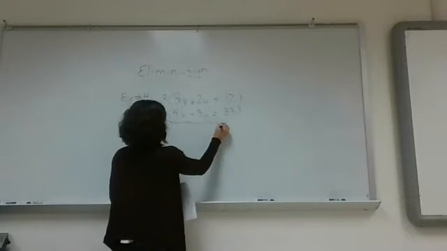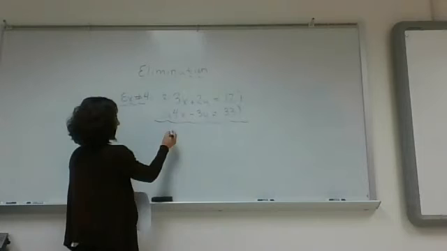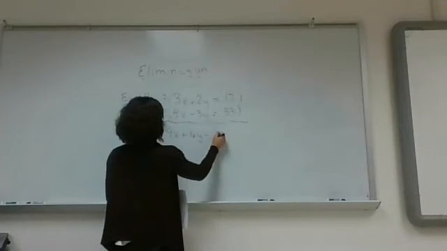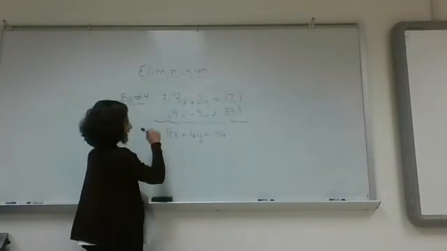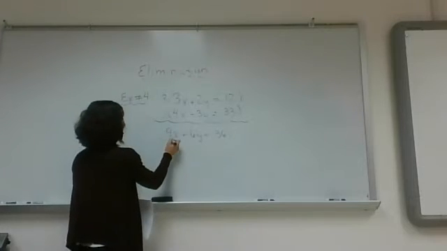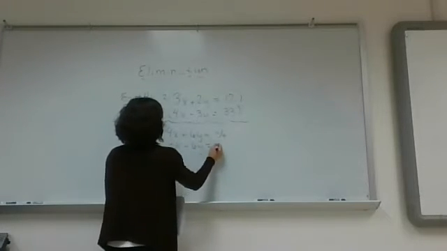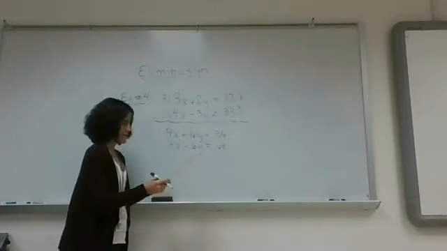When I multiply, I get 9x plus 6y equals 36. The second equation, multiplied by 2, gives 8x minus 6y equals 66.